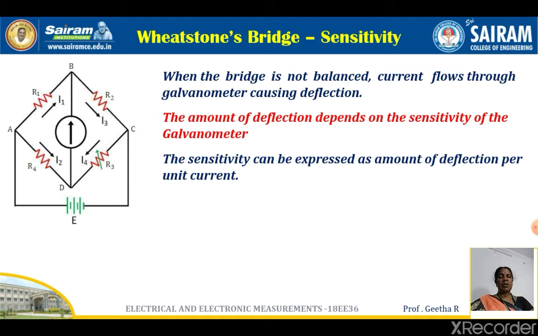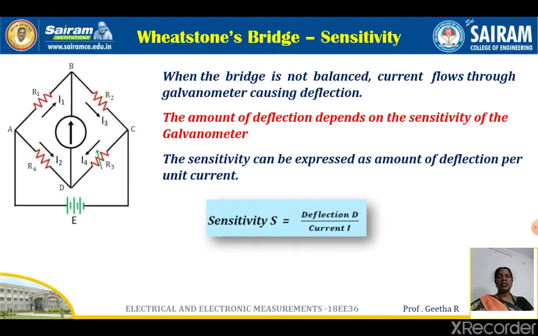The sensitivity can be expressed as the amount of deflection per unit current, or the amount of deflection per unit voltage. When it is expressed as deflection per unit current, it is current sensitivity. So the sensitivity can be written as S is equal to D by I, where D is the deflection and I is the current.